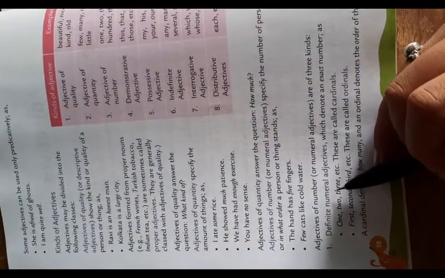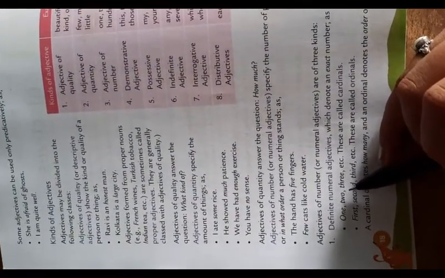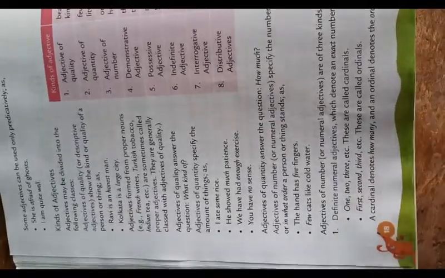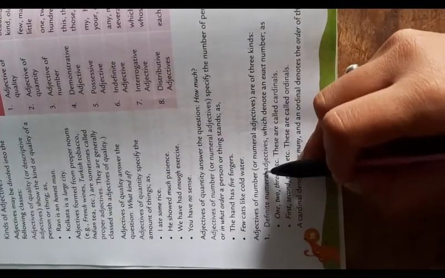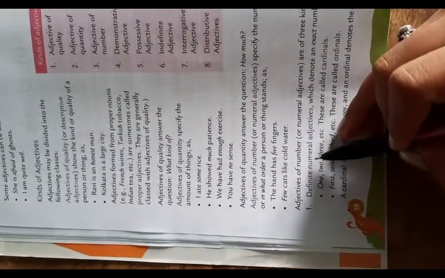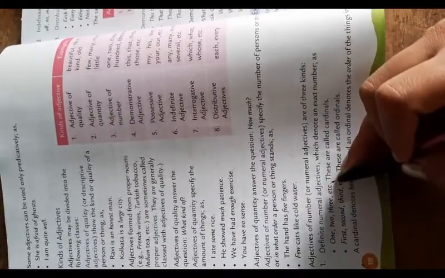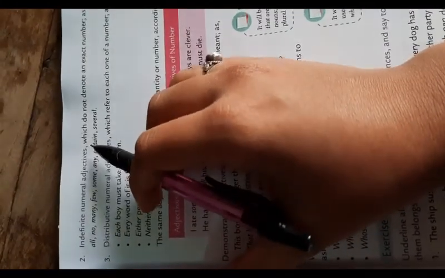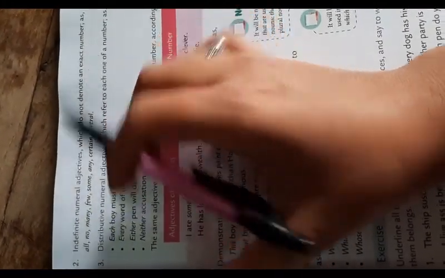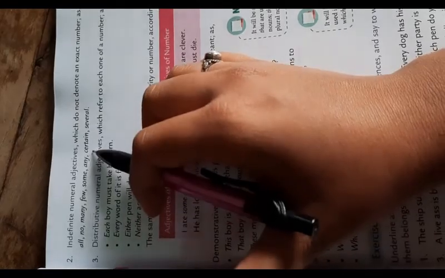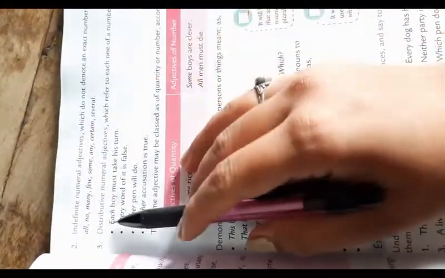Next is demonstrative adjective. Okay, sorry, before starting the demonstrative adjective, we have adjectives of number. They are of 3 kinds. First is definite numeral adjective, which denotes an exact number: 1, 2, 3, etc. Indefinite numeral adjectives do not denote an exact number: all, no, many, few, some, any, certain, several.